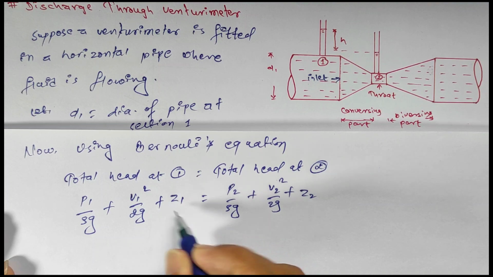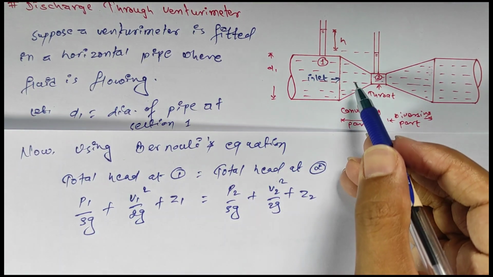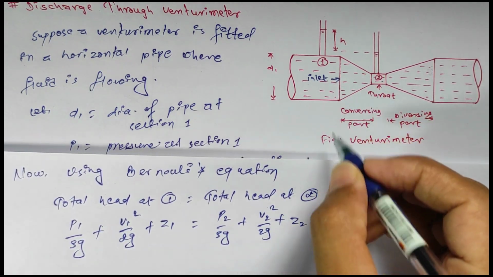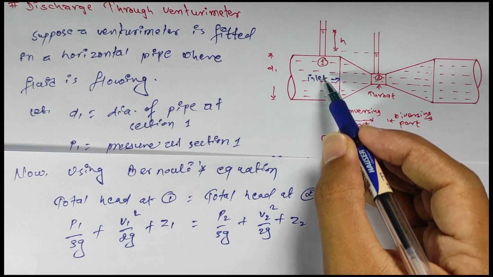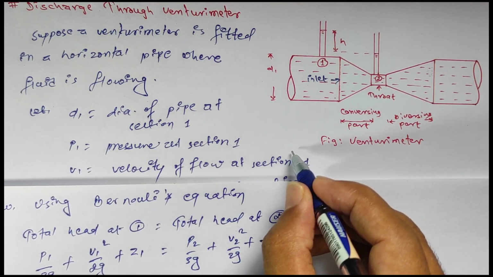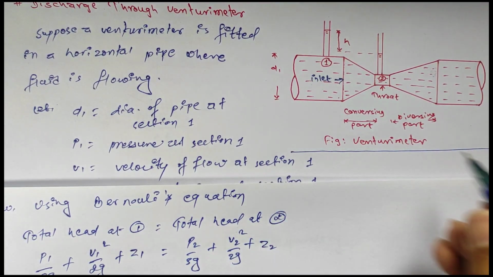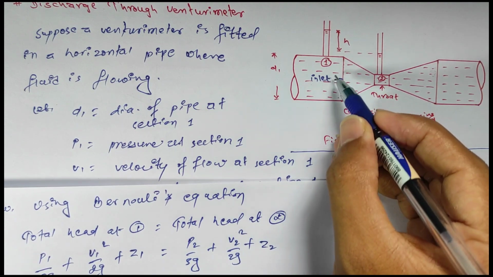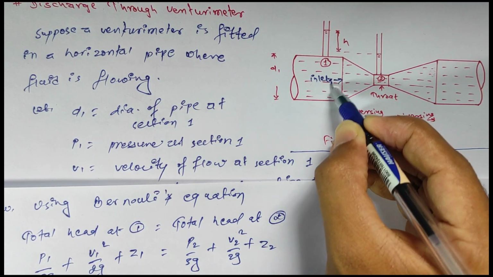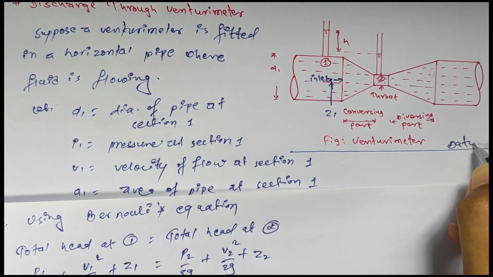Now the values of datum heads Z1 and Z2 for the original pipe. Here is the original pipe. Z1 means the height of the center of the pipe from the datum line. If we consider a datum line here, Z1 means the height of the center of the pipe, this one is the center, from the datum line.